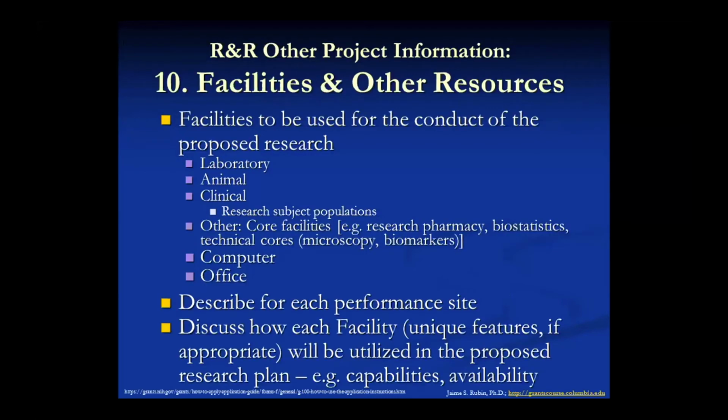Facilities and other resources. Those purple bullets, if you will, they used to be a form, and these are the different categories that used to be on the form. Some individuals still follow that format, if you will. And for each performance site at your institution, collaborators at other institutions, you want to talk about all of the resources and facilities that the investigators have access to, demonstrating that you can get the research done at that institution.